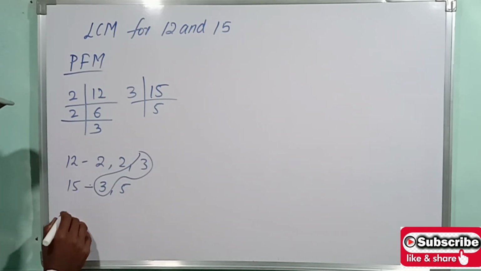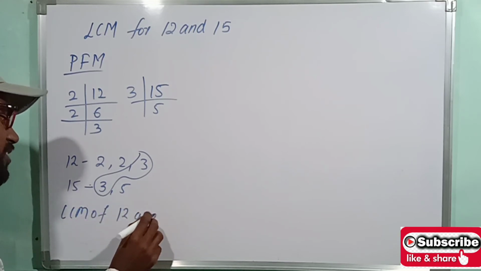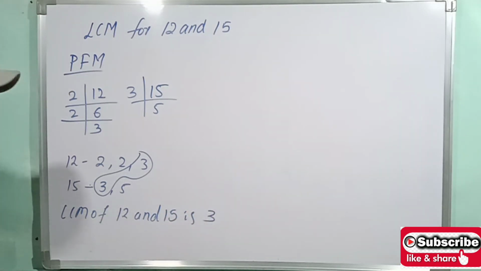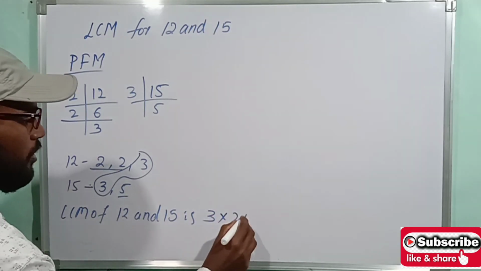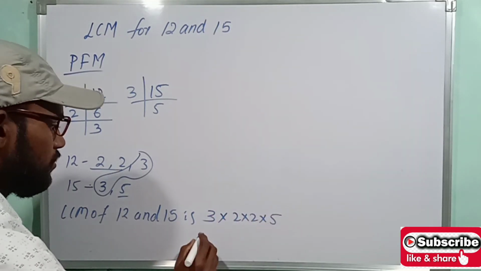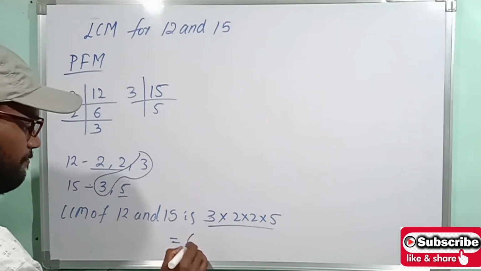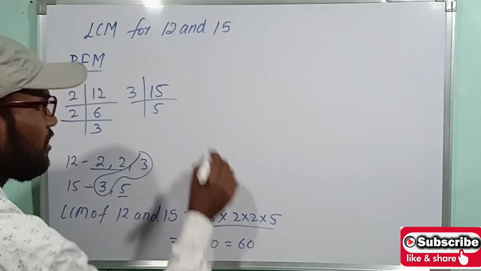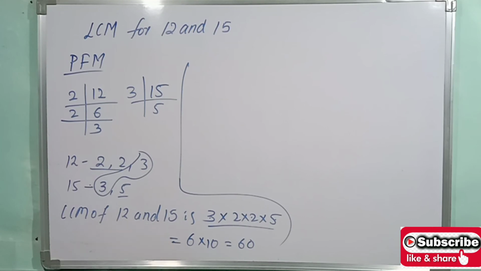Now the LCM of 12 and 15 is: write the common factor first, then all the remaining factors, 3 into 2 into 2 into 5. Multiply this total. 3 2s are 6, 2 5s are 10, so 6 10s are 60.